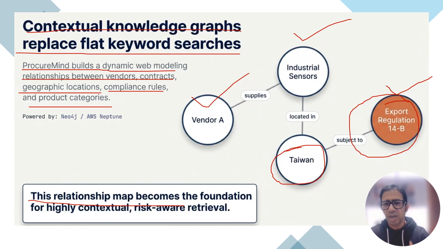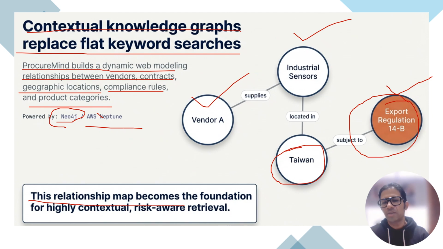Now, one important line for the tech audience. This is implemented with graph technology like Neo4j or AWS Neptune, depending on your enterprise stack.